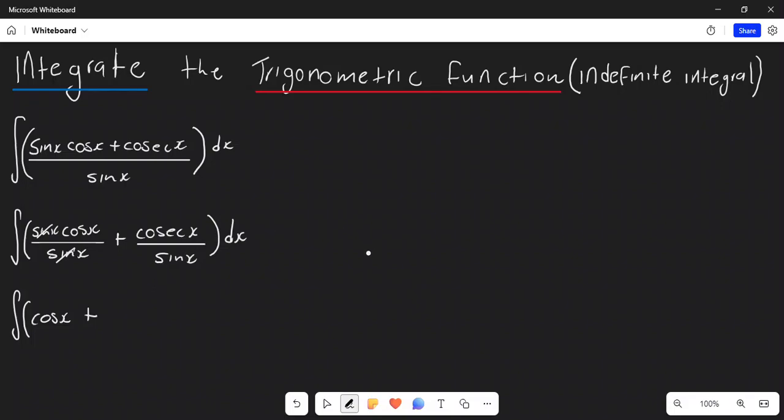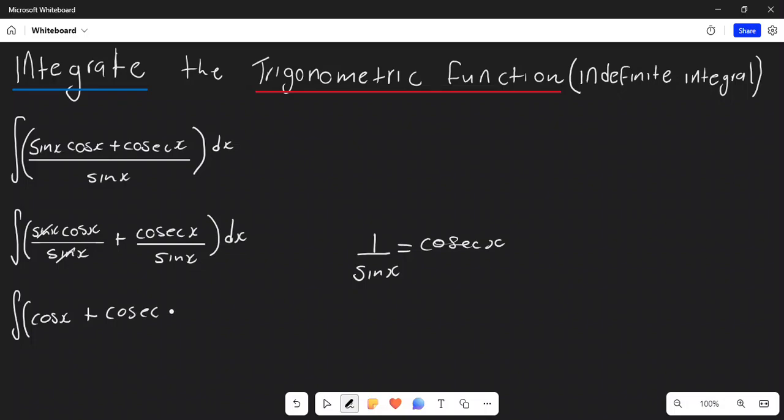What I can tell you guys is it's best to use the inverse of sine. Remember, this 1 over sine x is multiplied by cosec. Hence we have this. Now we know that 1 over sine is cosec x. Remember that guys.